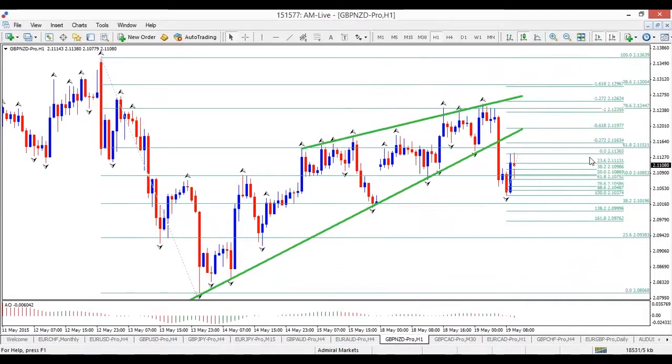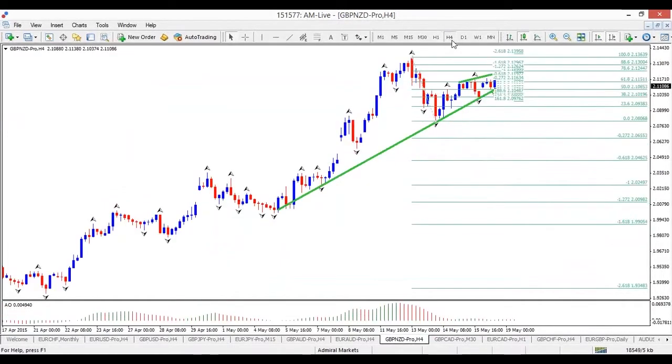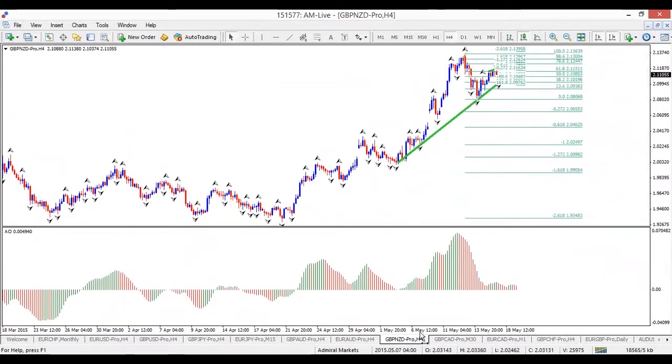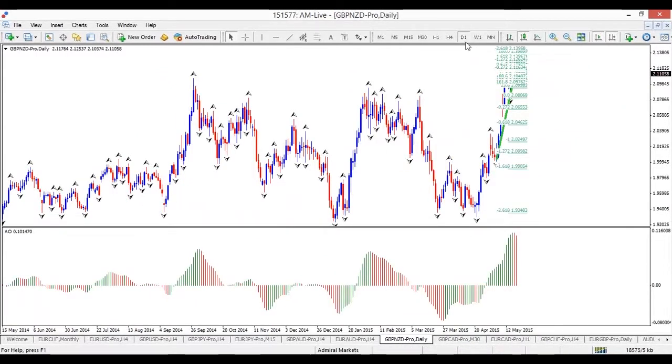Let's see, Bjorn says that New Zealand had good inflation expectations, so it's a good start, but not all too sure at the moment. Well, I didn't have a lack of momentum to the upside looking at the oscillator, that's true.